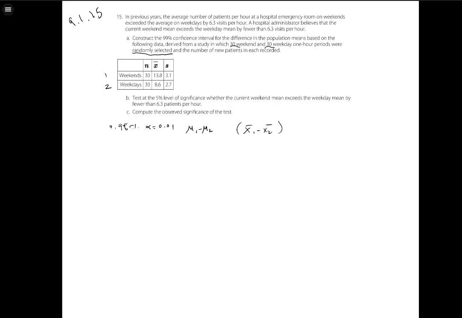So the difference in the means plus or minus the z-value at alpha over 2, times the square root of the sample deviation squared over the sample size, plus the sample deviation of the second sample squared over the sample size of that one.